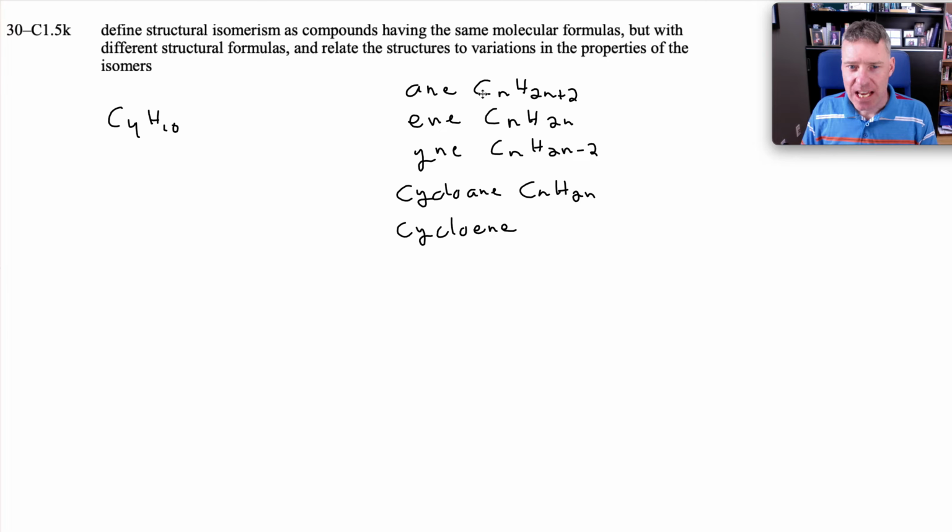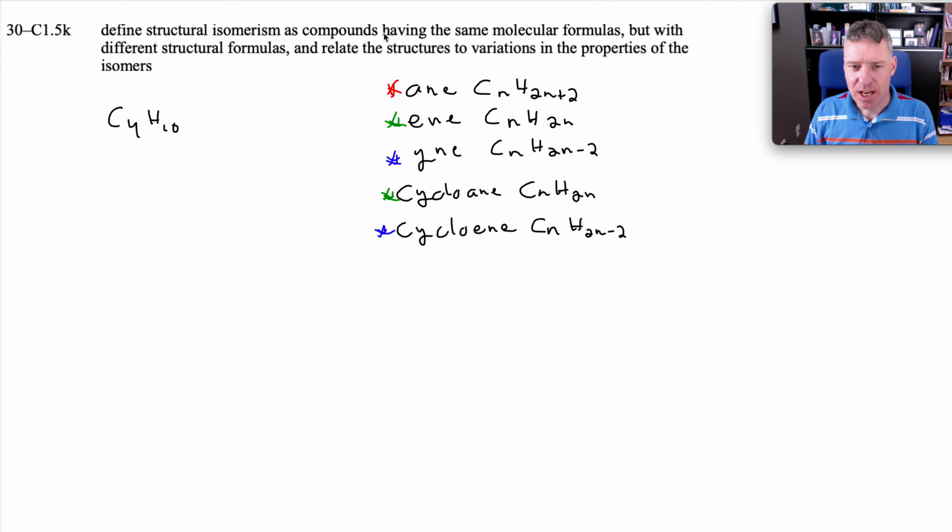If you start with the ane, you've got to take out two H's to make the ring, and another two H's to put in the double bonds. So it's CnH2n minus 2. So we see some repeating patterns. Anes don't repeat with anything. The enes and the cycloanes have the same pattern, and the ines and the cycloenes repeat.